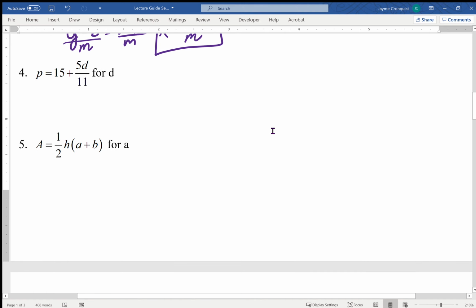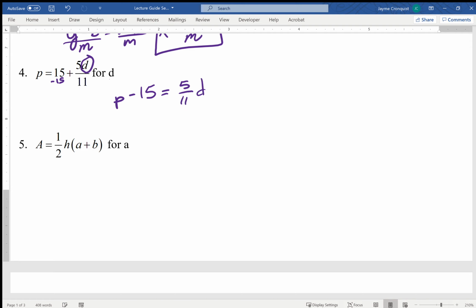All right. Now we're going to solve for d. This is a little more complicated. So first we're going to subtract the 15. P minus 15 is equal to, we can rewrite this as 5/11ths d. Just because it's in the numerator, I can pull it out and put it next to as a multiplication. So that means I'm going to multiply both sides by 11 over 5.